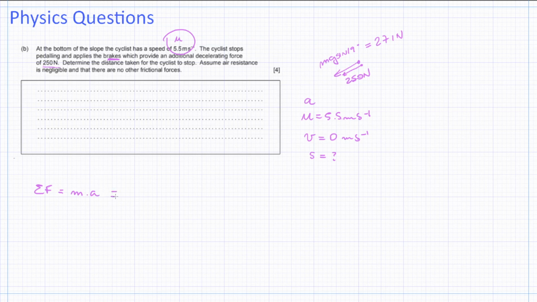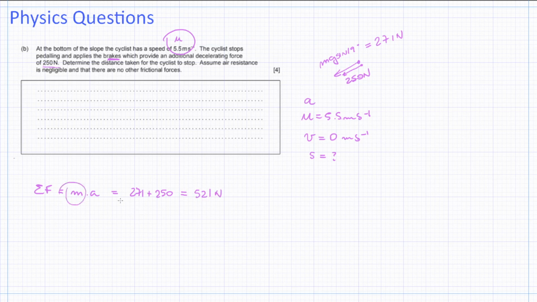The sum of those forces is 271 newtons, which is bringing it down the slope because of its own weight, plus 250, which is more effort that the cyclist is putting in to brake. So he's pressing the brakes. If you add those up, you should have 521 newtons.